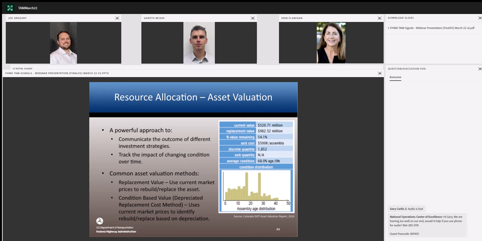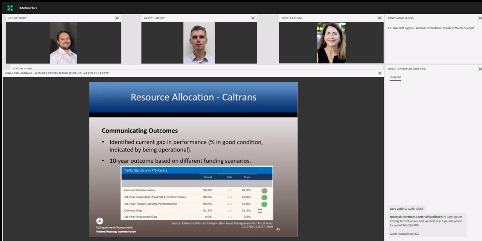So they'll be in a position to say, well, look, this is how things have changed over time. This example from CalTrans is a good example for them, and it's a way that they're using their TAMP to communicate outcomes. This is for traffic signals and ITS assets combined.